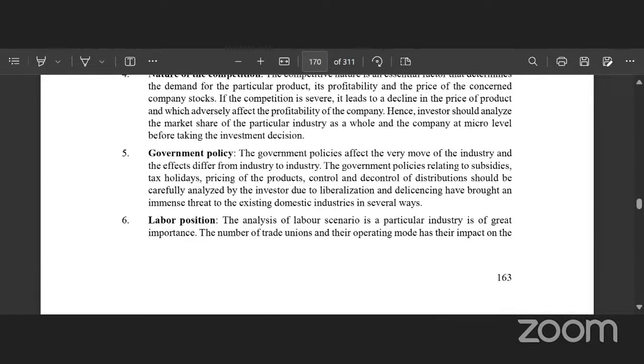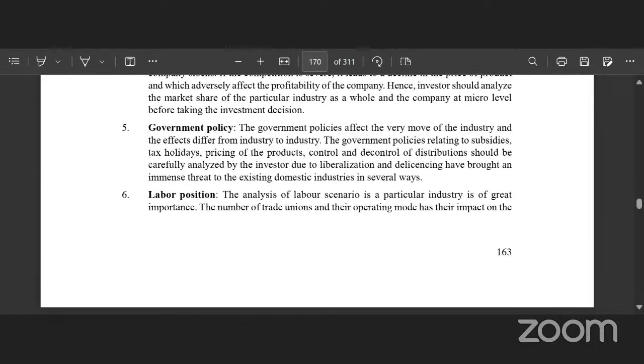Government policy. If you take any industry, let me tell you something on the gaming industry. In a recent move, the government banned or made illegal gambling, and at the same time they made fantasy games legal.